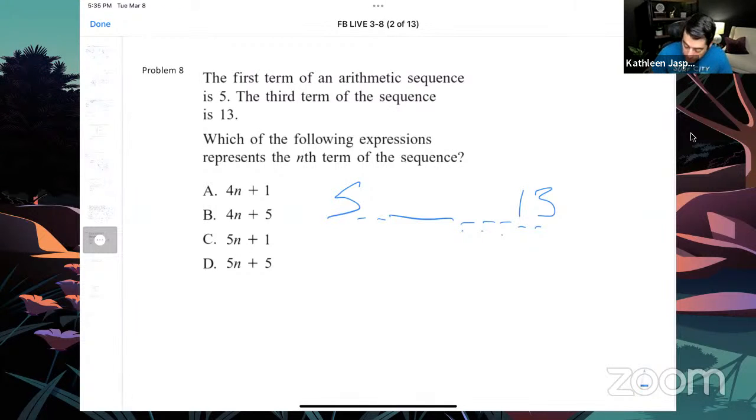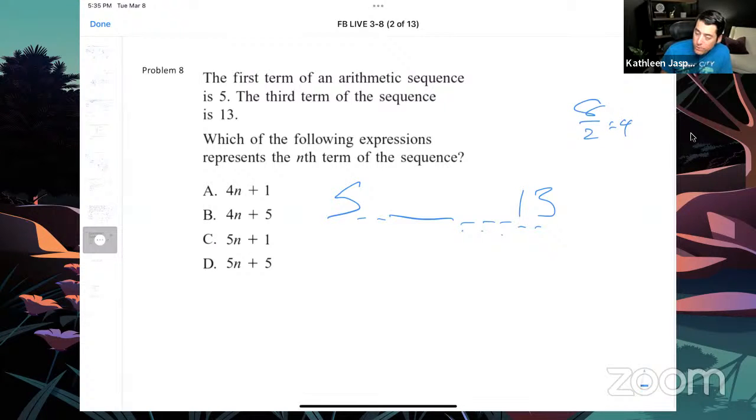From 5 to 13 is a difference of 8. So how do I find the number that's going to be in between these two? If I cut that in half, so 8 over 2 equals 4.